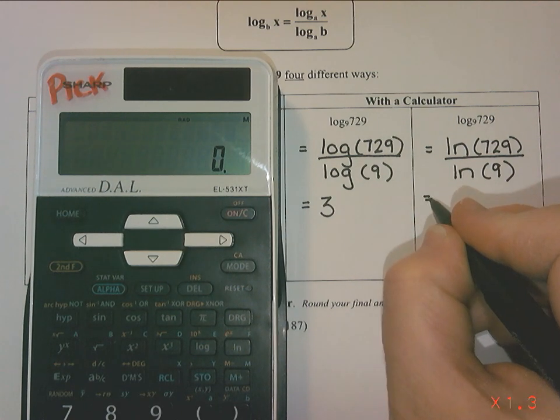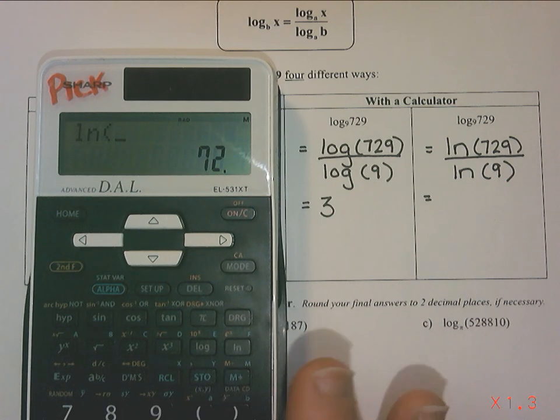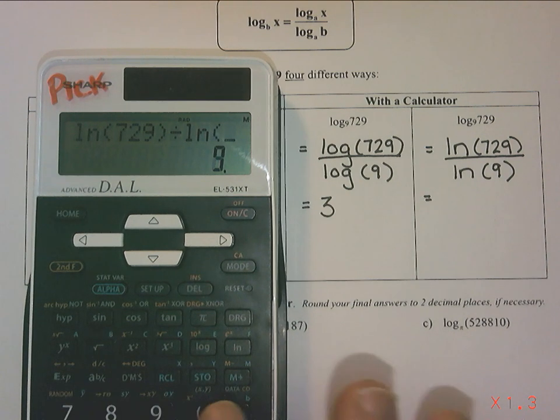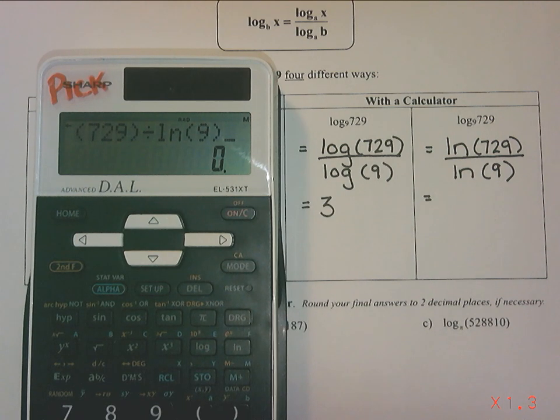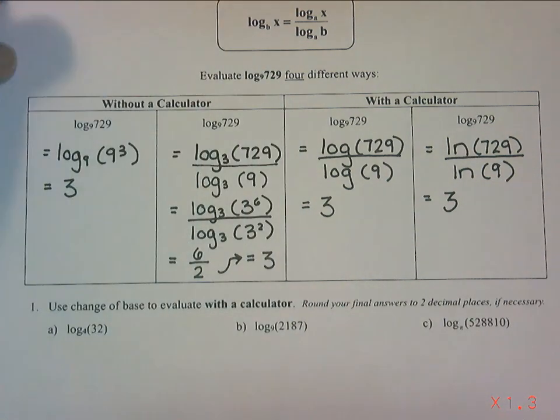On this calculator, I would do ln bracket 729 divided by ln bracket 9. If you have a calculator where you don't see what you type in, you would do 729 ln divided by 9 ln and then equals. And it also equals 3. So we got the same answer 3 different ways.